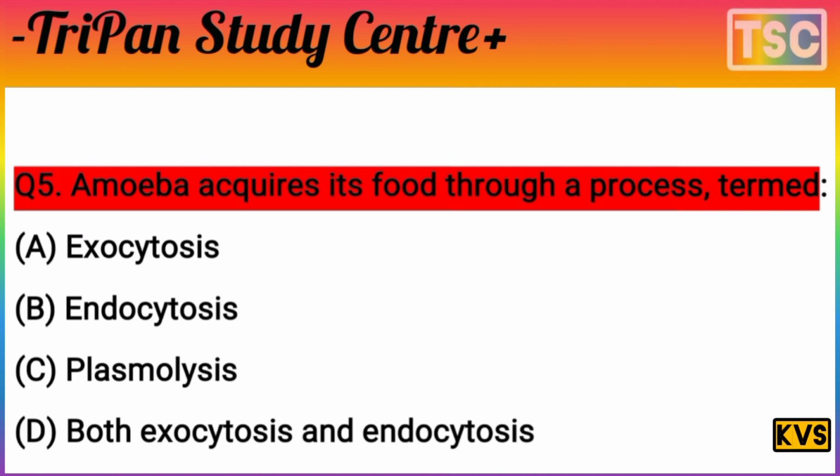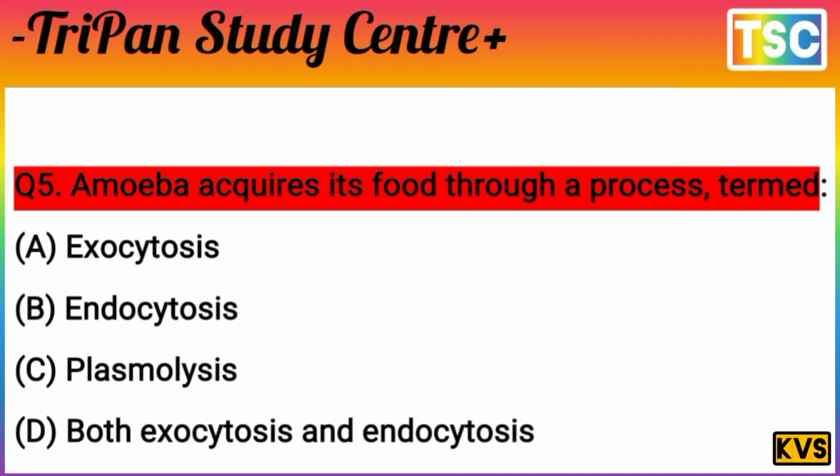But one important factor here: amoeba acquires its food through a process termed endocytosis. Endocytosis is the ingestion of material by the cell through its plasma membrane.